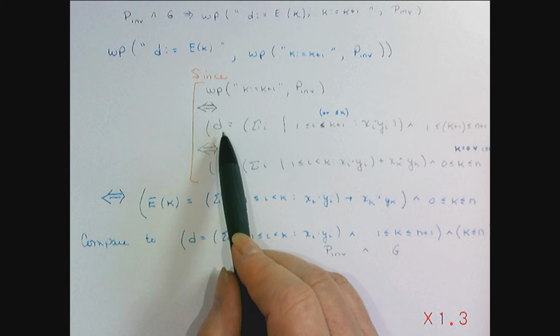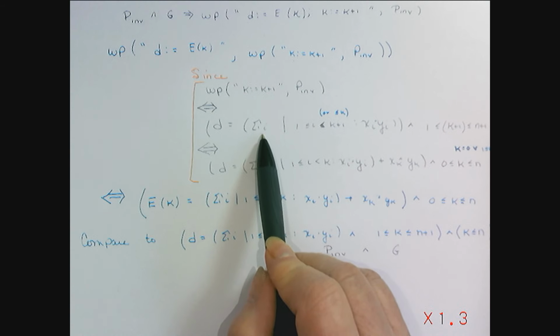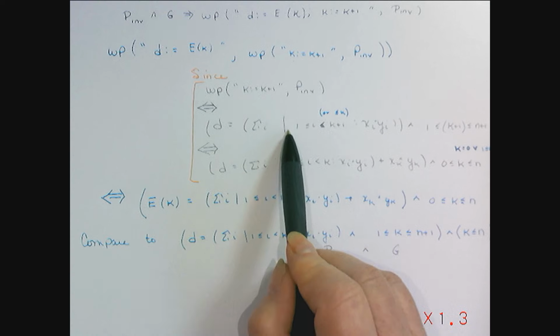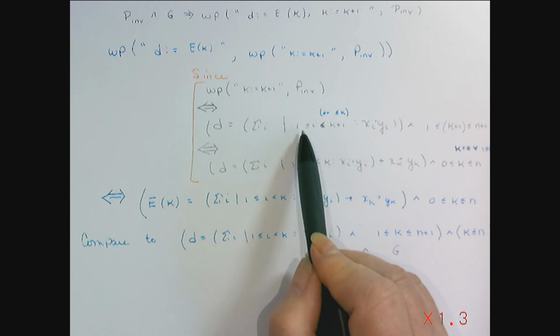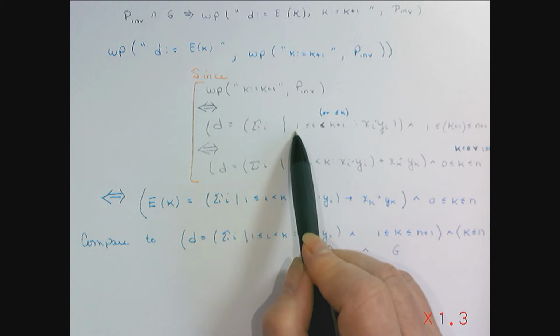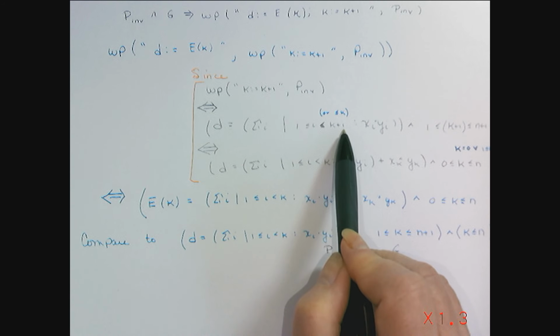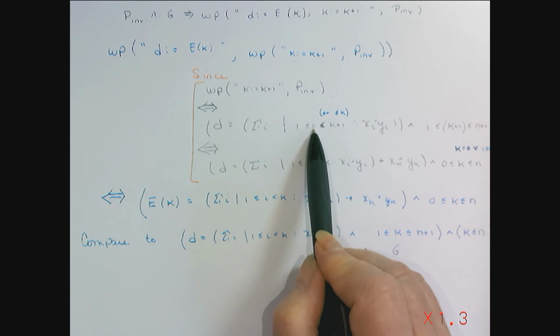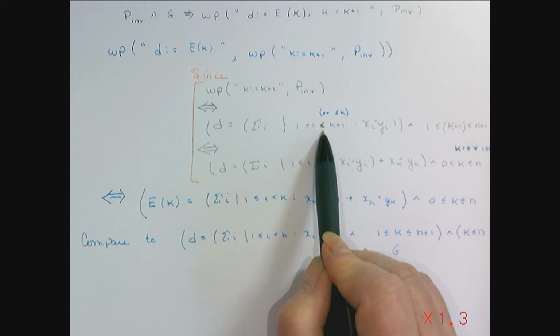If I look a little bit more carefully at the sum, I can actually break the range, split it into two pieces, and if you look at it, i greater than or equal to 1 and less than k plus 1 is equivalent to i greater than or equal to 1 and less than or equal to k.